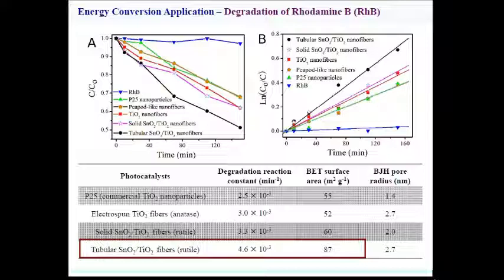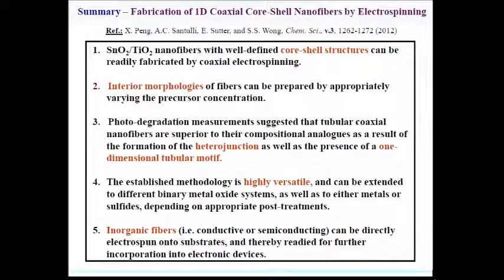Okay, so in terms of the last example I want to show, or before I get to that, I just want to summarize the TiO2 tin oxide fibers. They have a well-defined core shell structure which can be fabricated by coaxial electrospinning. Interior morphologies can be prepared by varying the precursor concentration, and the photodegradation measurements suggest that the tubular coaxial nanofibers are superior to their analogs as a result of the formation of the heterojunction as well as the presence of the one-dimensional motif.